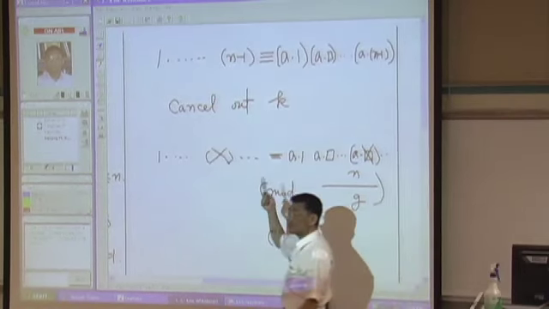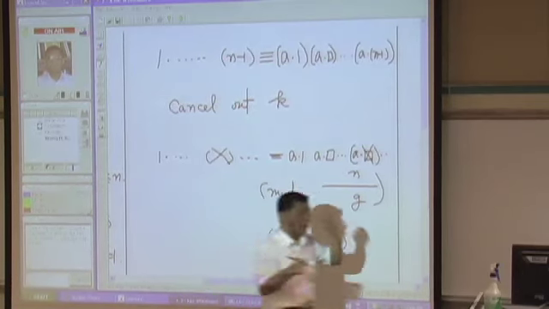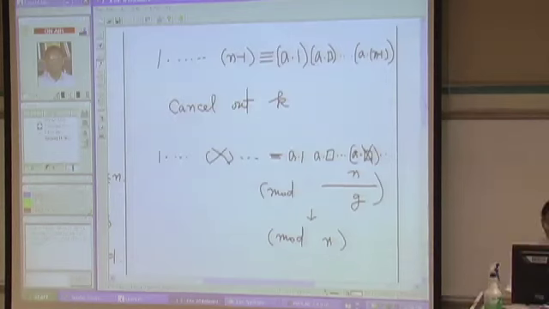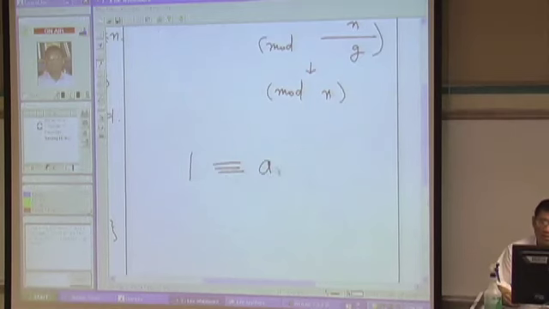So we can repeat these things for all numbers but a, right? Then what happens is this: the left side becomes 1 after canceling out everything, and the right-hand side has all gone, right? A times 1, this is gone. And then a times something, this is gone.